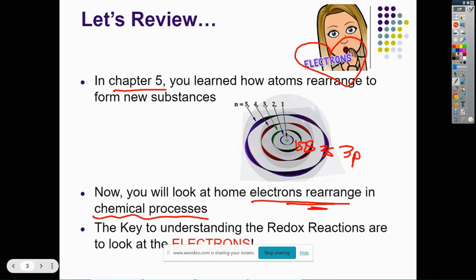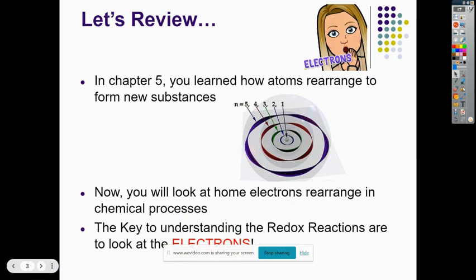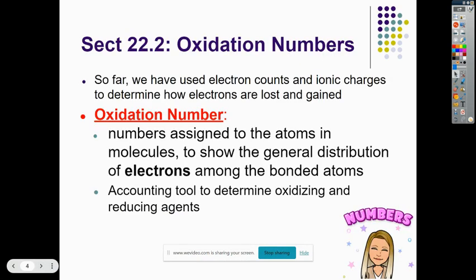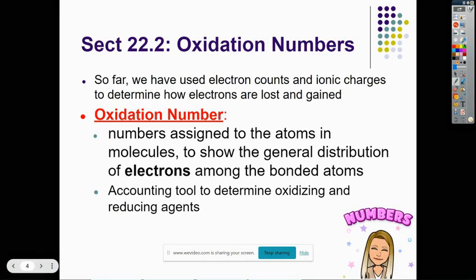In order for us to really relate to how these things work, we're going to look at all of our electrons. Electrons are key to everything. So the big thing here is how we can assign oxidation numbers.